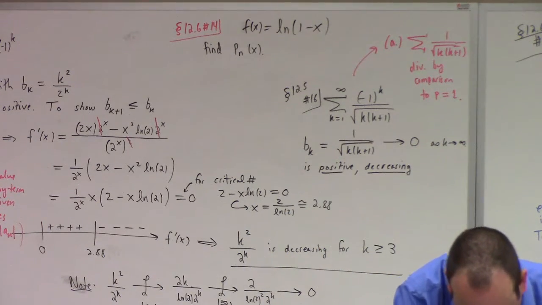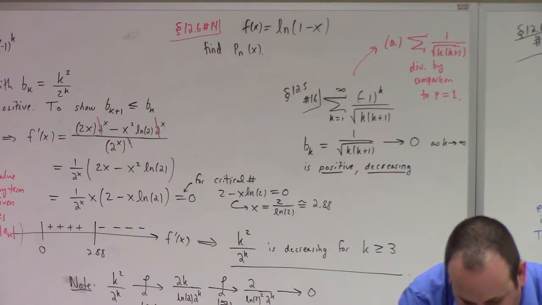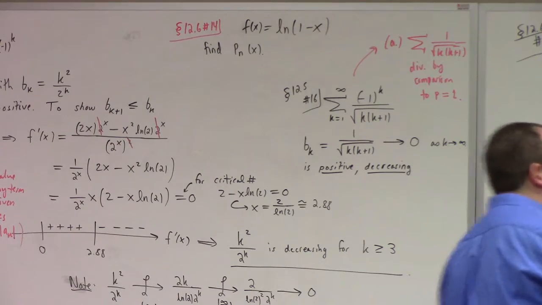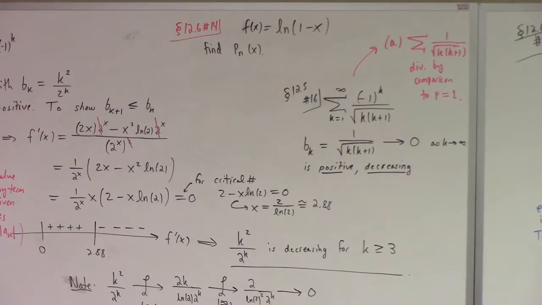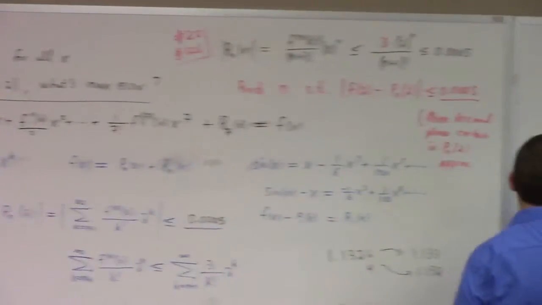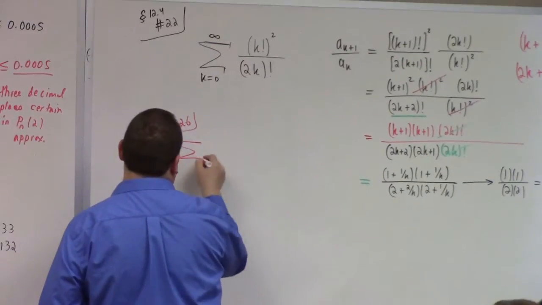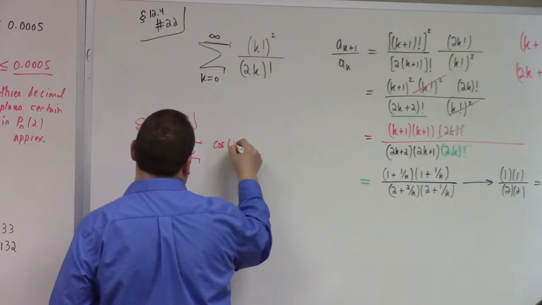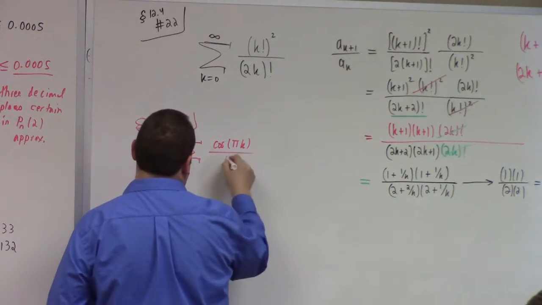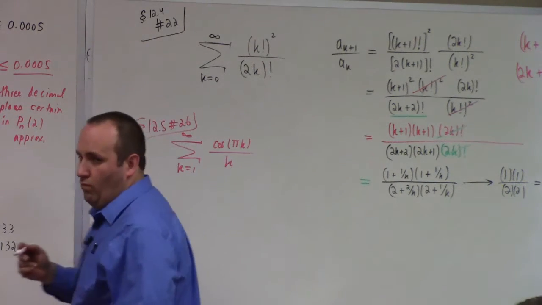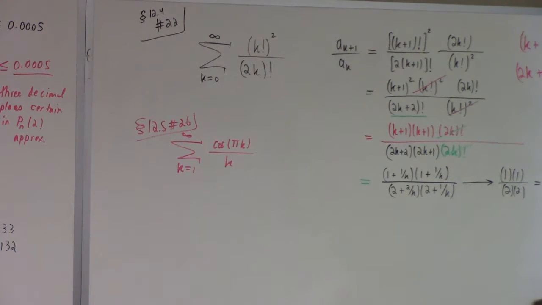12.5, number 26. Now, this is just the alternating harmonic series in disguise. We're looking at the sum of cosine of pi k over k, k equals 1 to infinity, right? This is conditionally convergent.